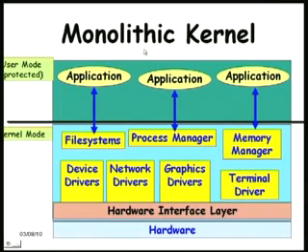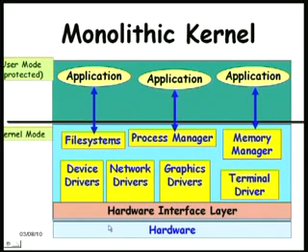If you look at the monolithic kernel approach, the operating system is all in the kernel mode, starting from device driver to network driver, graphics driver, terminal driver, memory manager, process manager, file manager. Everything is in the kernel mode, which directly interacts with the hardware interface layer.